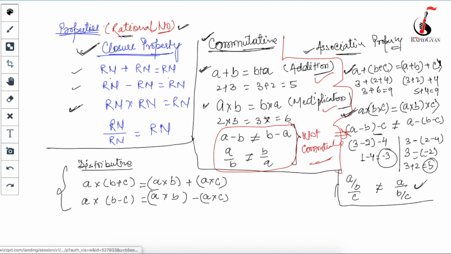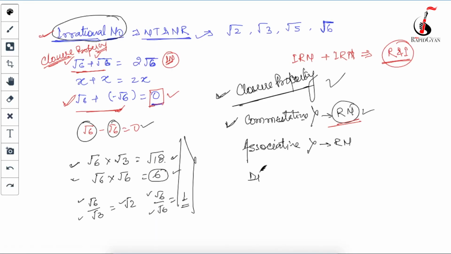The same thing goes for the distributive property also. So what's the main difference in supporting the properties for rational and irrational numbers? The only difference is that rational numbers support the closure property, but irrational numbers do not. Very important, guys, please note it down.